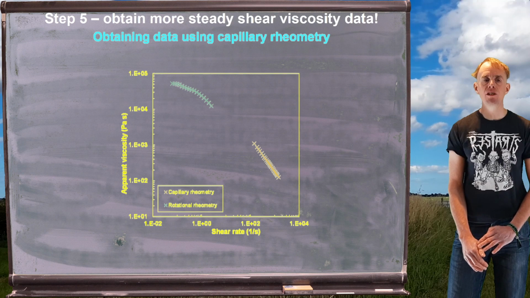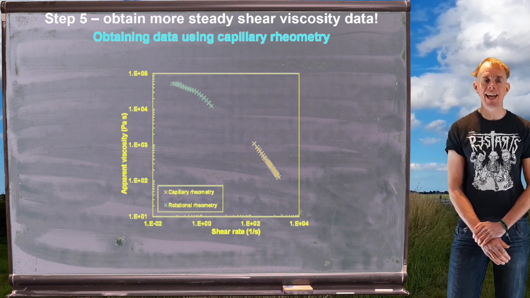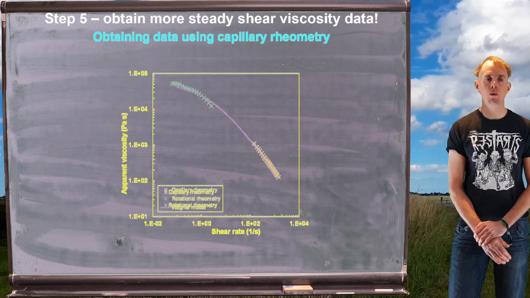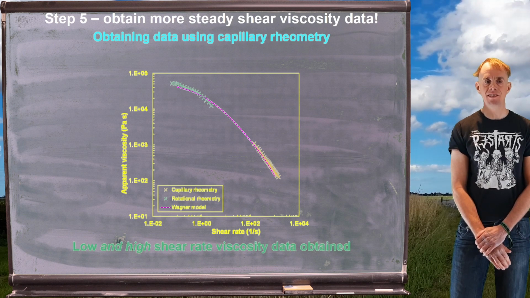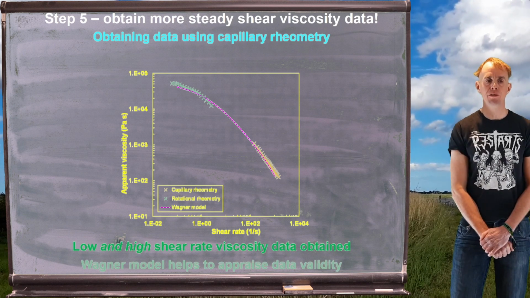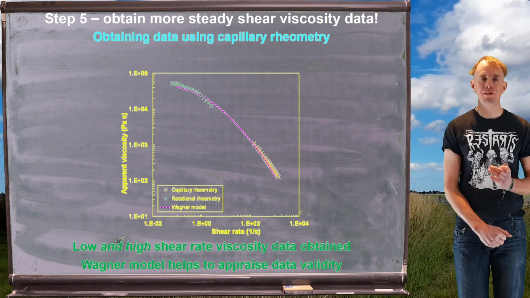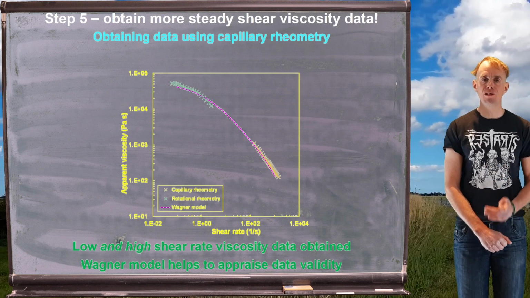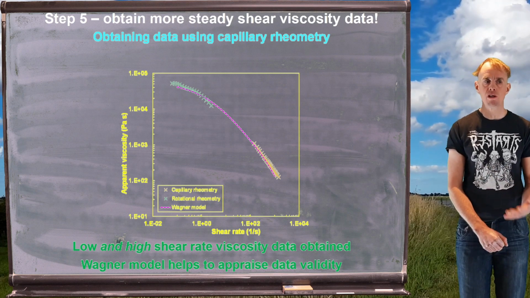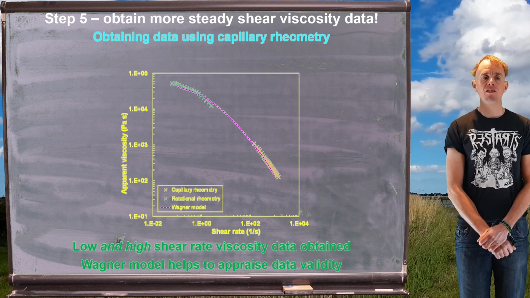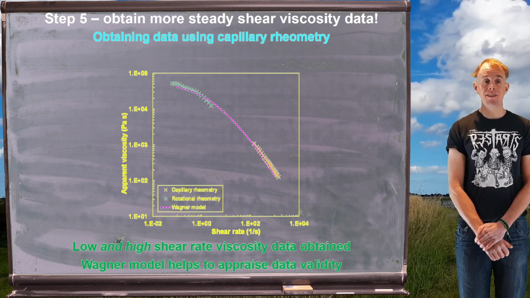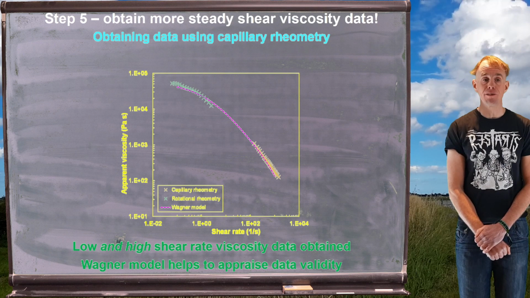Now, we can use our viscoelastic data again to help us appraise the quality of these steady shear data. That purple line I've just put on the board is now the Wagner model for apparent viscosity as a function of shear rate. We saw the equation on the previous slide. And so what we can see here is that it's beautifully consistent.